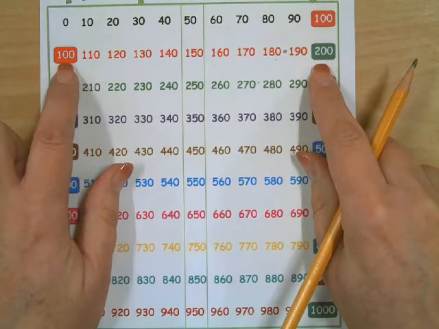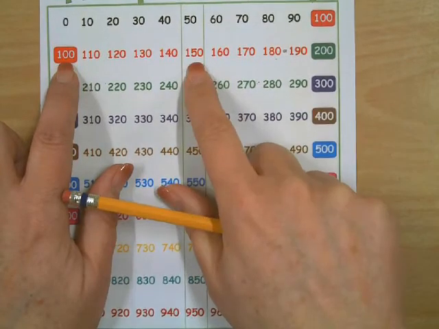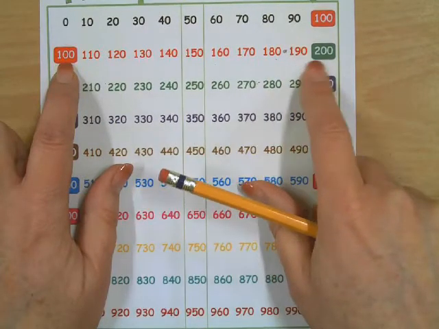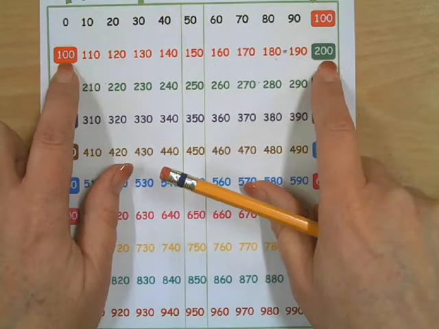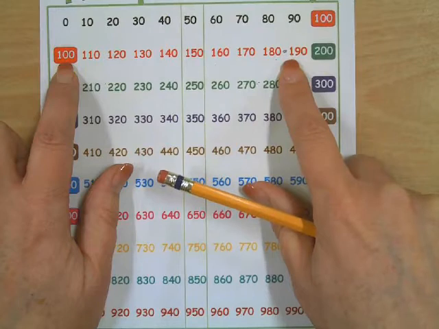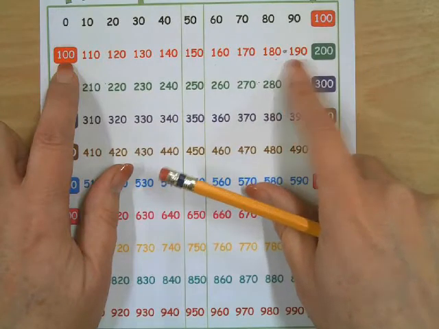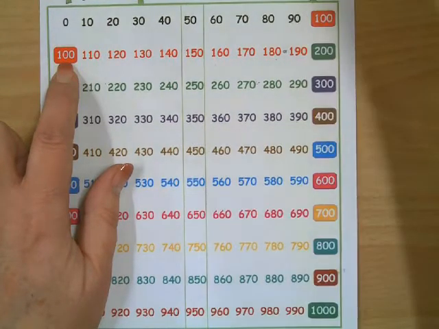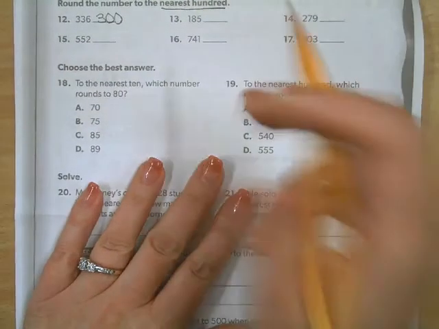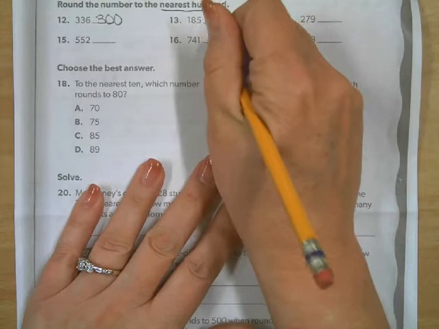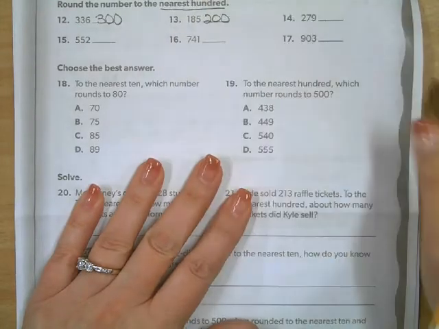Yeah, it's closer to 200. It's past 150, and since it's past 150, we know that it's going to round up to 200. It's really close. It's 15 away from 200. So on our answer document, we're going to write rounds to 200.